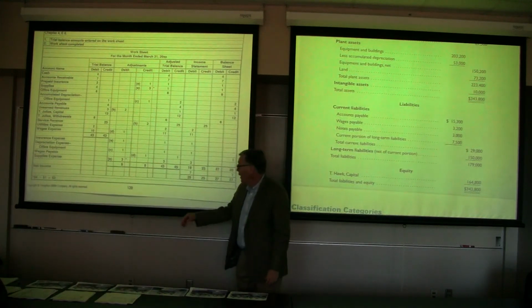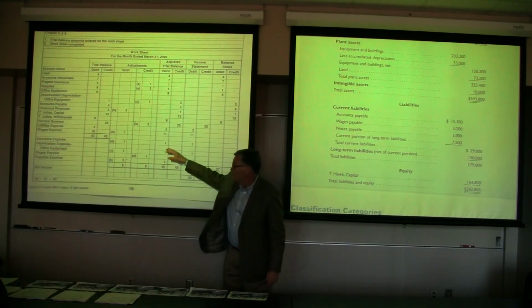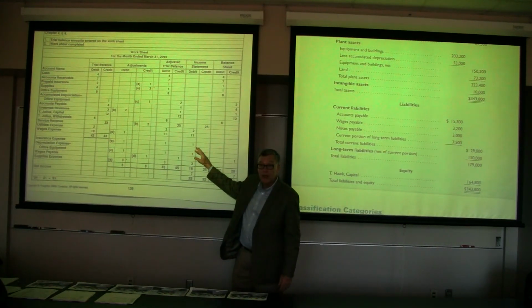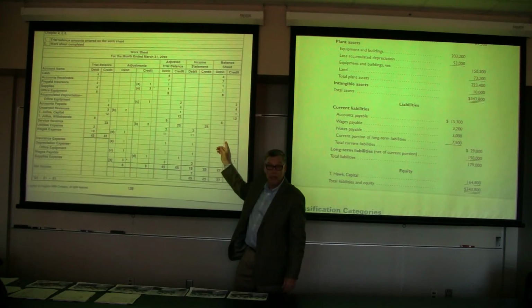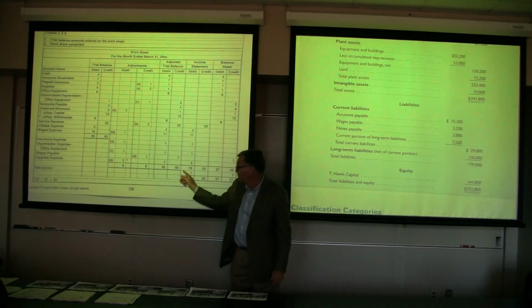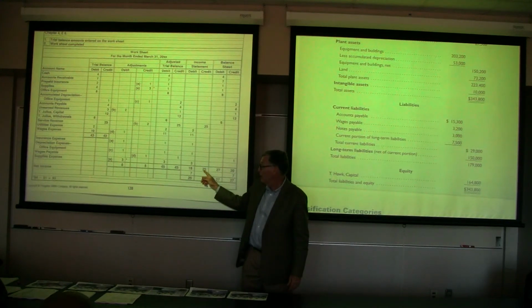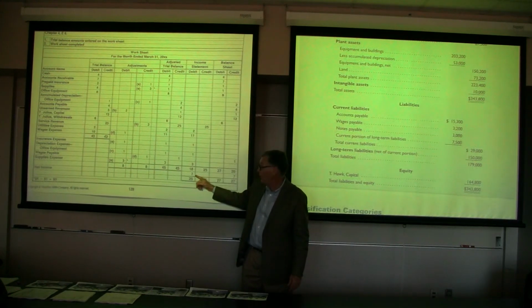Now, using these current ones on the adjusted trial balance, revenue and expenses go to the income statement, everything else goes to the balance sheet. On the income statement, here's our total expenses, they'll be the debits. Here's our total credit, that'll be the revenue. The difference is our net income or net loss.